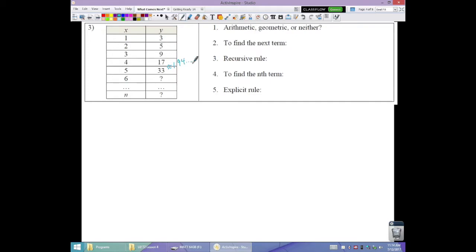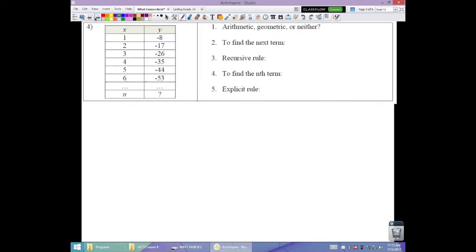And 17 divided by 9 is a different decimal, 1.88, and so on. So this one is the last one on the worksheets that is neither arithmetic or geometric. So numbers 2 and 3, you've already used up both of your neithers. Everything else you will need to identify as either arithmetic or geometric.